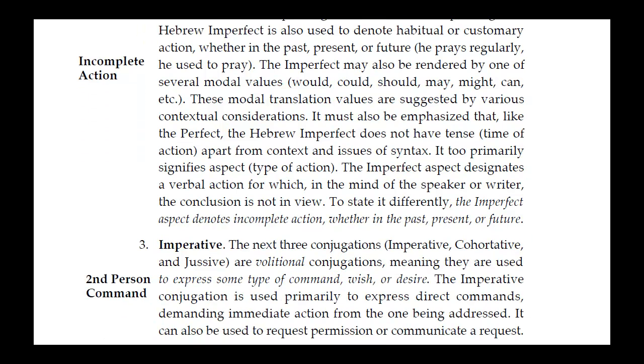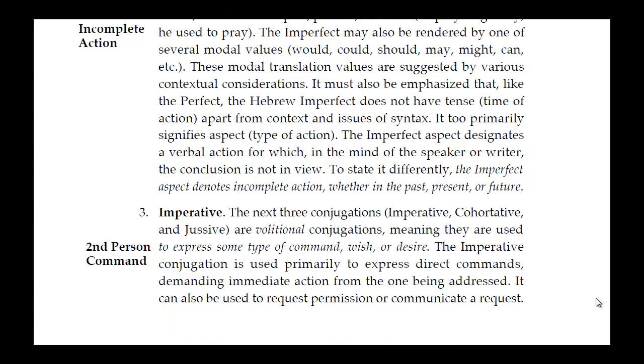Now, the other aspect, as we're going through these conjugations, we've gone through perfect, which denotes completed action. We've gone through imperfect, which denotes incomplete action. Now we get into imperative. The next three conjugations: imperative, cohortative, and jussive, are volitional conjugations, meaning they are used to express some type of command, some type of wish, or some type of desire.